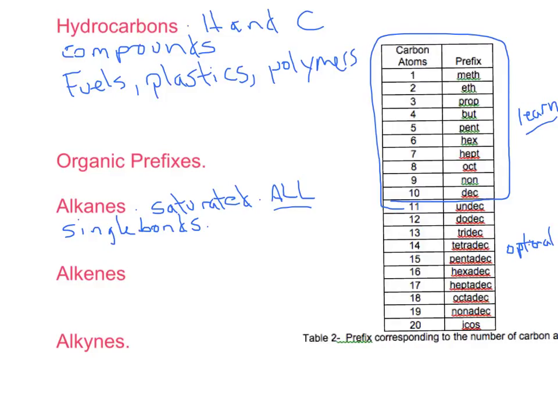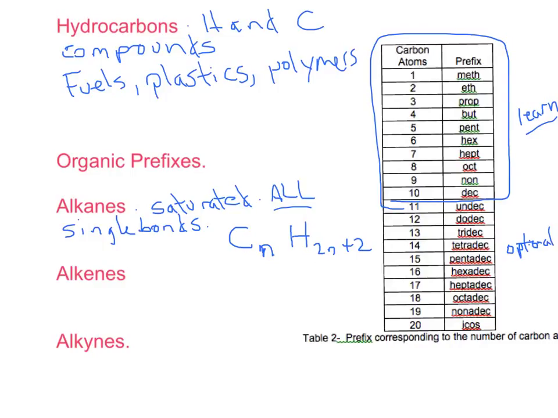So the general formula is C comes first, and then we're going to let n represent any number of carbon atoms from, in this case, 1 to 10. Then the H number in a saturated hydrocarbon, or an alkane, is always going to be 2n plus 2. You need to learn that because that's something we expect you to know.